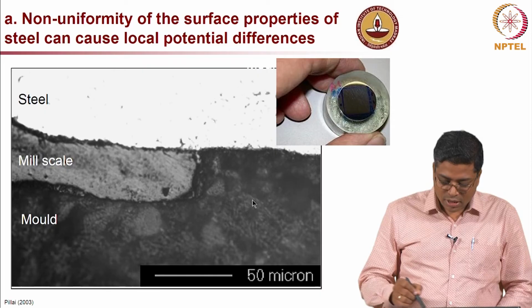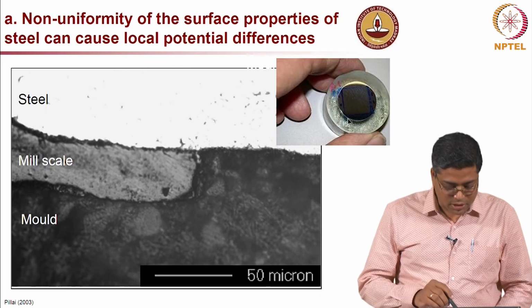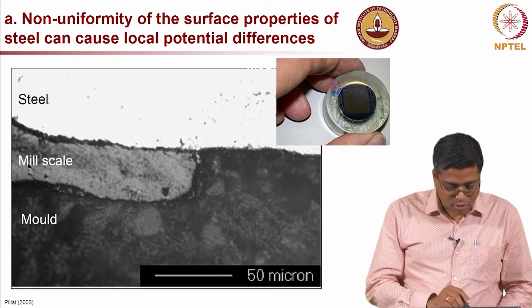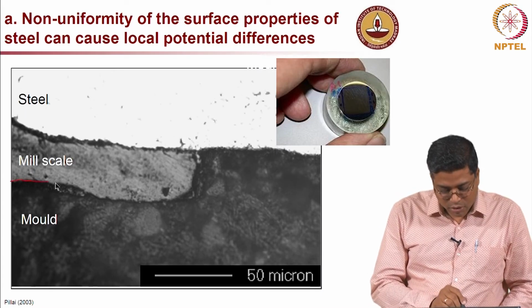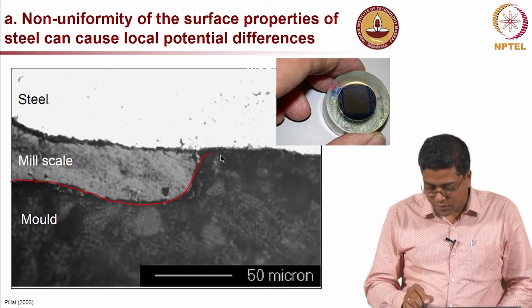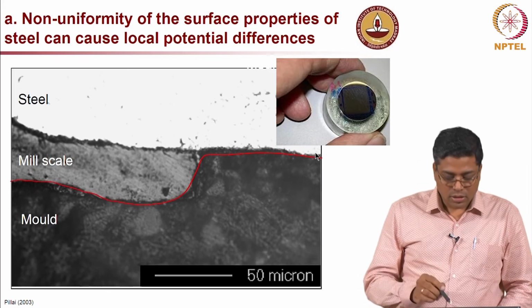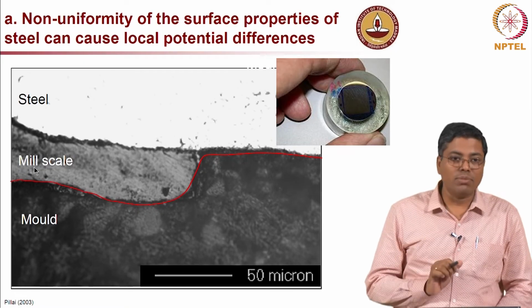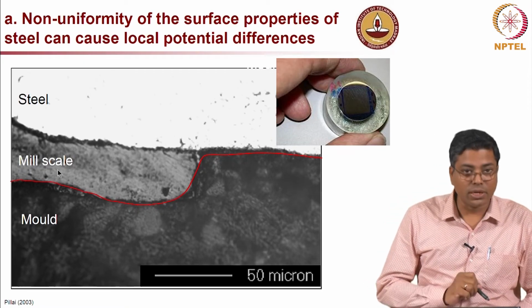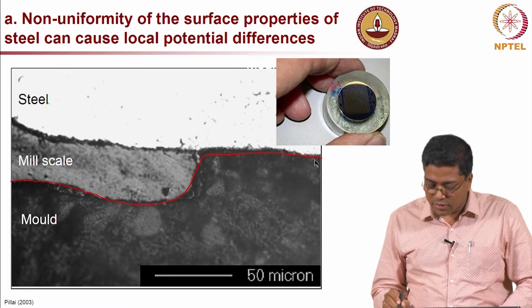This is a picture taken from a metallographic study. You can see here the mold, mill scale and steel. So, when you take the steel, your steel surface is something like this. There are some regions where mill scales are present and other regions where there is no mill scale.